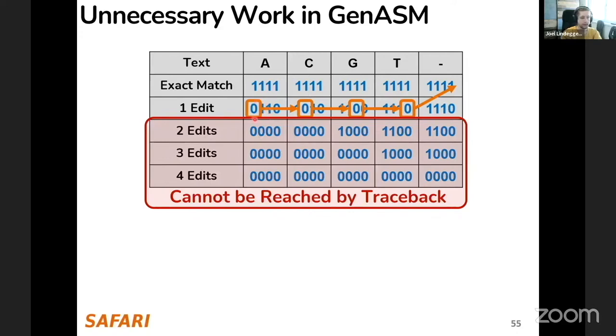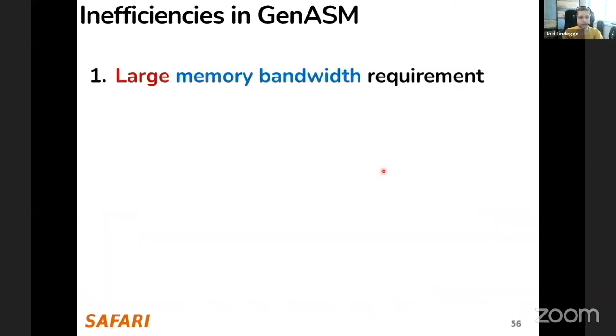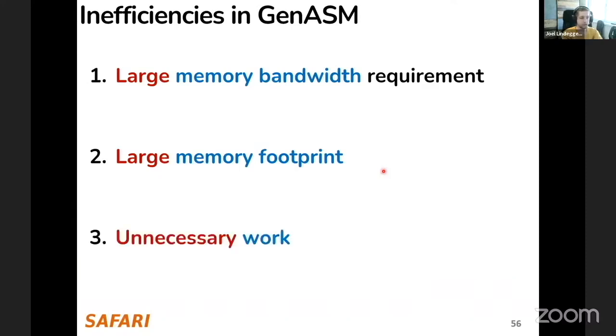So we have this first 0, and then from here, traceback only goes to the right and upwards. That's always the case, actually. And if that area cannot be reached by traceback, then we can call this unnecessary work because we're computing it, but just never ever looking at it again. Okay, so in summary, we have 3 inefficiencies in the GNASM algorithm: a large memory bandwidth requirement, a large memory footprint, and some unnecessary work.